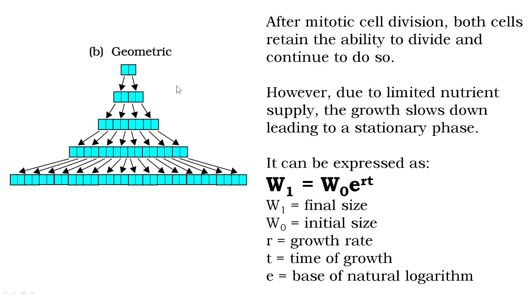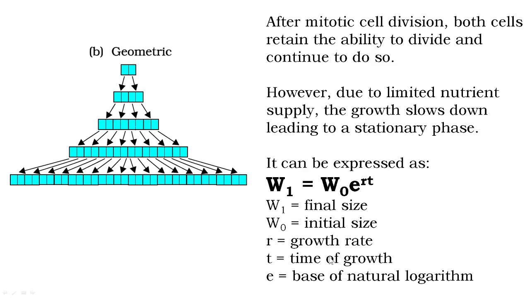And geometric growth can be expressed with this particular formula. W1 is equal to W0 e to the power rt. W1 is the final size, W0 is the initial size, and r is the growth rate, the relative growth rate. Okay.